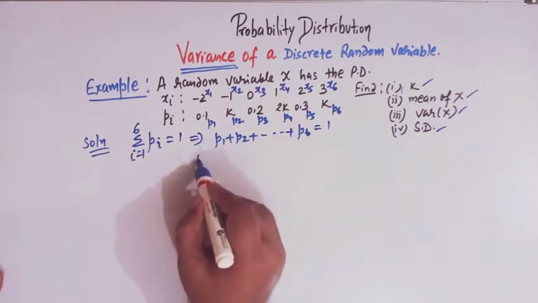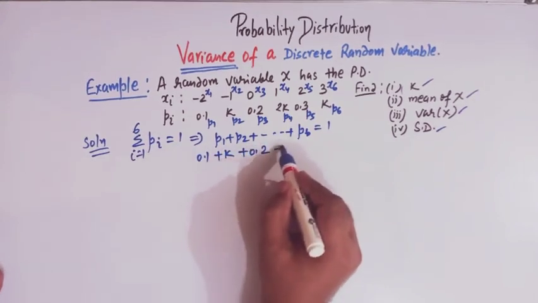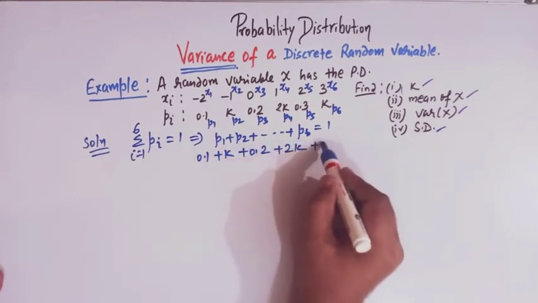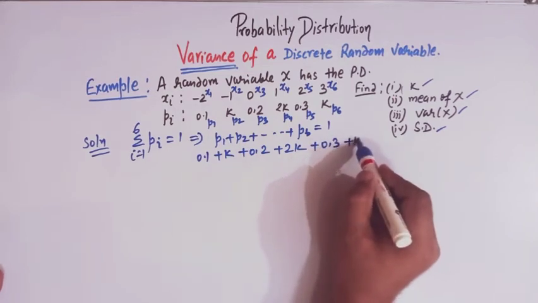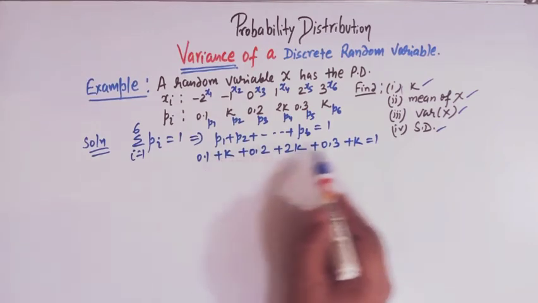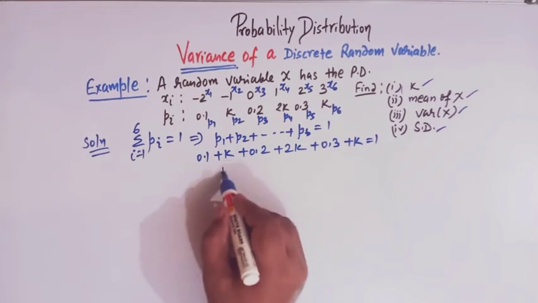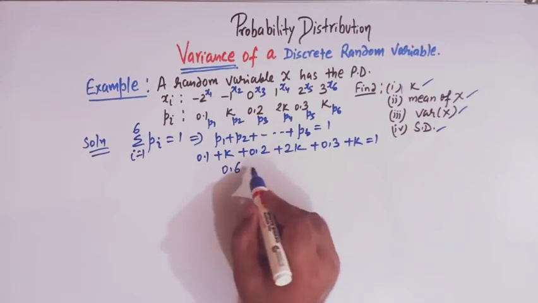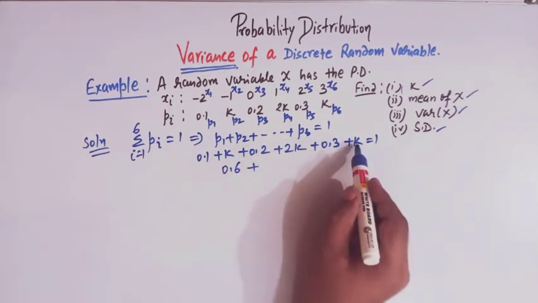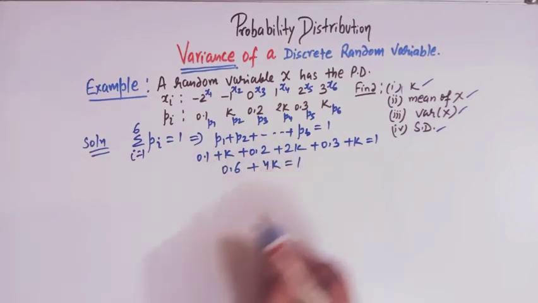So we have 0.1 plus k plus 0.2 plus 2k plus 0.3 plus k is equal to 1, right? Now if we add 0.1, 0.2 and 0.3, we get 0.6, and 2k plus k, 3k plus k, that is 4k, is equal to 1.